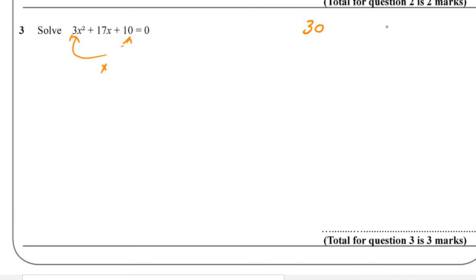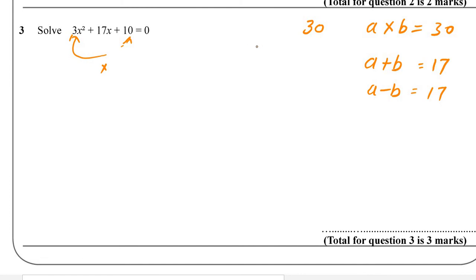I told you, when you multiply two numbers a and b you get 30. When you add a plus b or a minus b, you get the middle number, 17. It's going to be either plus or minus. We're going to check now.